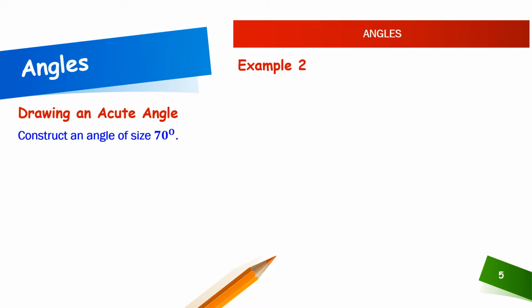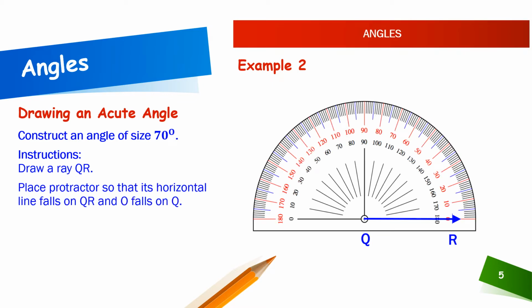We will now see how to draw an acute angle. In this example, we will draw an angle of size 70 degrees. Begin by drawing a ray QR. Place the protractor so that its horizontal line falls on QR and O falls on Q, as shown here. Read the protractor from the right.